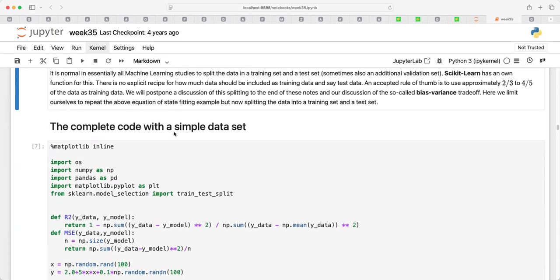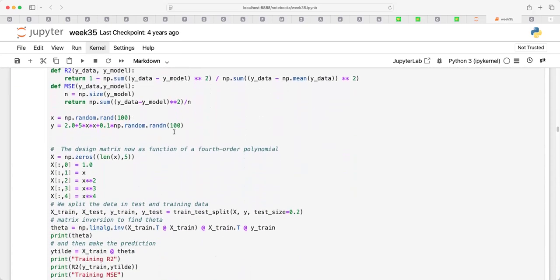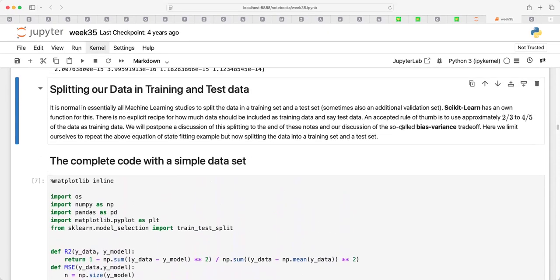Now, one thing which is pretty common is to split your data into train and test. There is a functionality in scikit-learn, which is called train test split, which does it for us. Now, in the Jupyter Notebook, you will find an example on how you can write it yourself. But as we said last week, we would typically recommend to use the functionality which is included with scikit-learn.